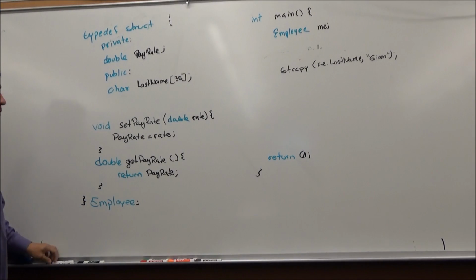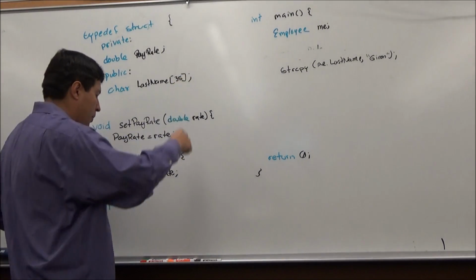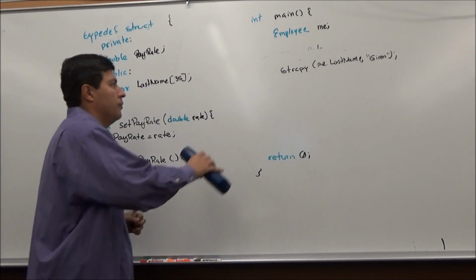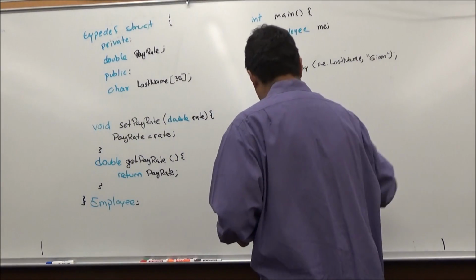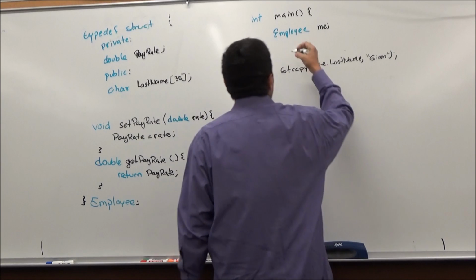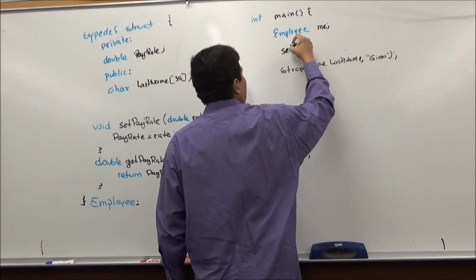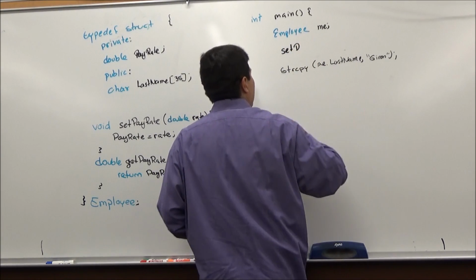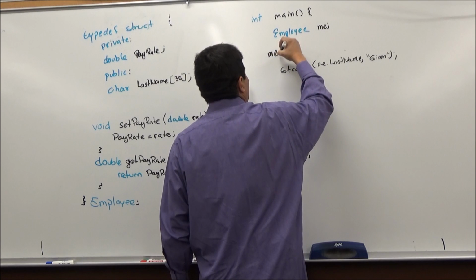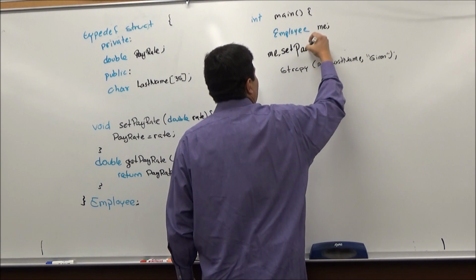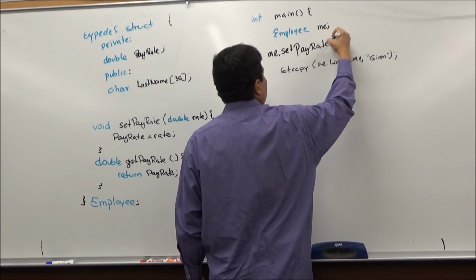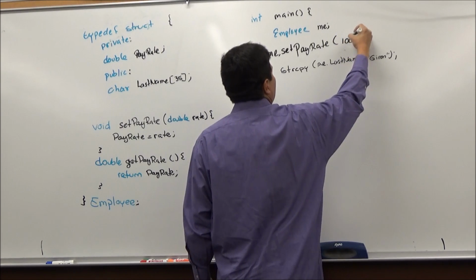So now, in my main program, I can do this. It's pay rate, me, that's it. Pay rate. I want to make $100 an hour.